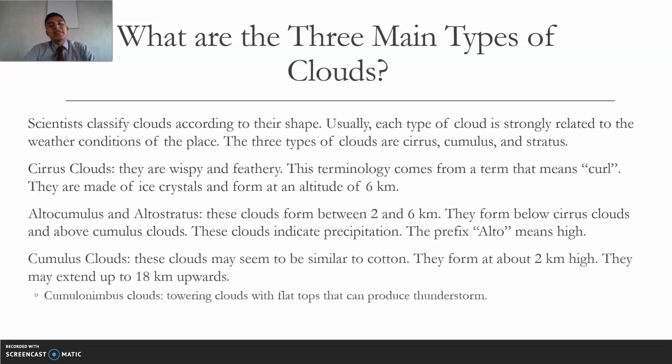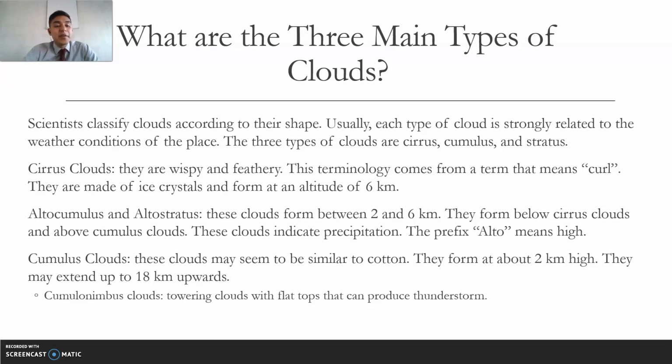Then we have the cumulus clouds, which is another type of cloud. These clouds may seem to be similar to cotton. They form at about 2 kilometers high. They may extend up to 18 kilometers upwards. So even though they form at 2 kilometers, it's possible for them to reach up to 18 kilometers upwards. So they have a very large space to cover.